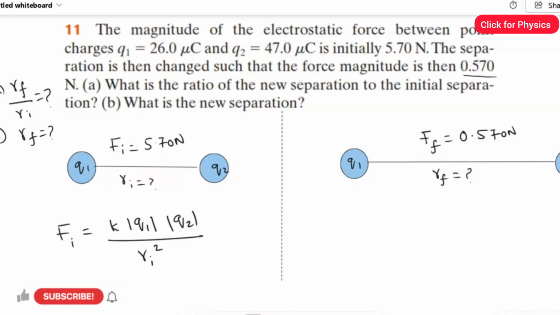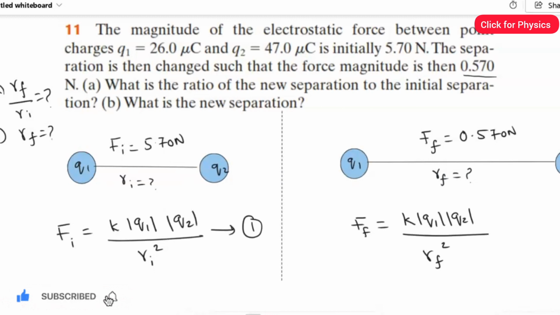Likewise, we can write the formula for the second diagram. We will get Ff, the final force, equal to K magnitude of Q1 multiplied by magnitude of Q2 divided by Rf square. This is our first equation, and this is our second equation.